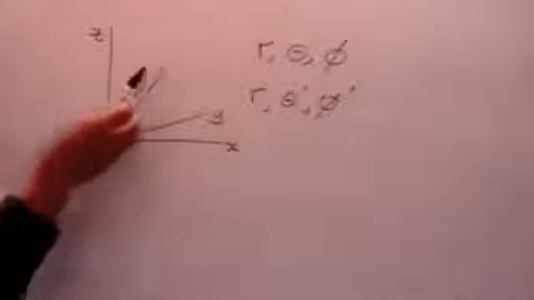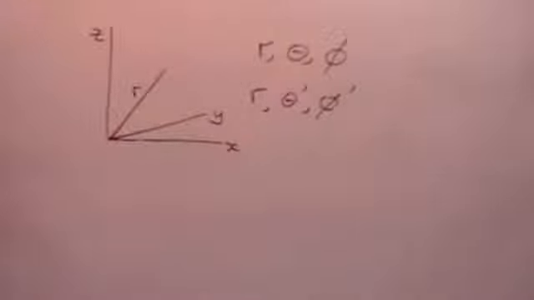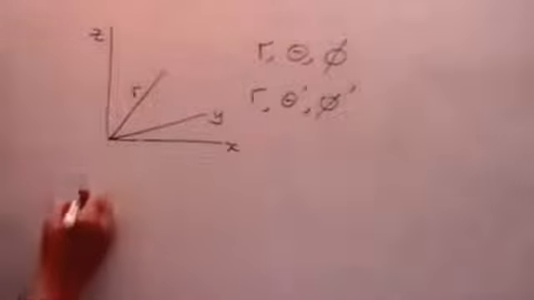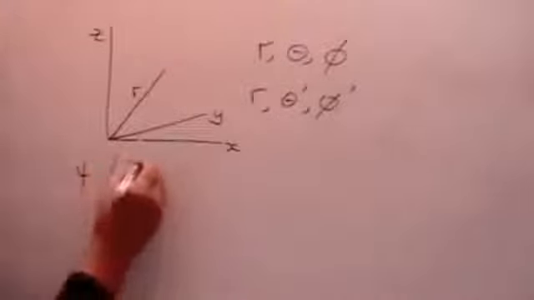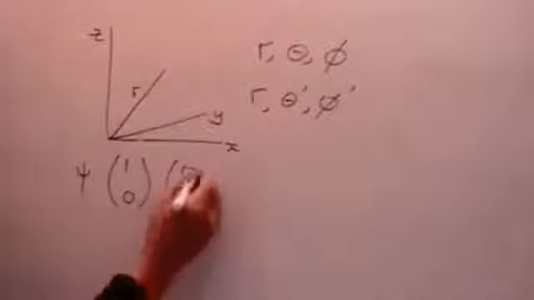And in quantum mechanics concepts, specifically in the third video that I produced, we showed that there are various what we call spin states, which represent the axis of the spin, which we call psi. And for example, the up state we said was 1, 0. The down state was 0, 1.